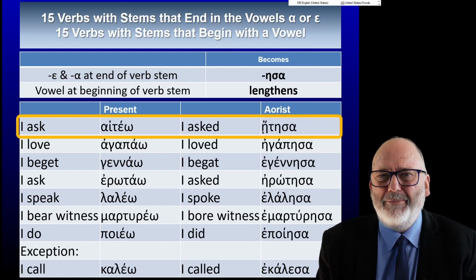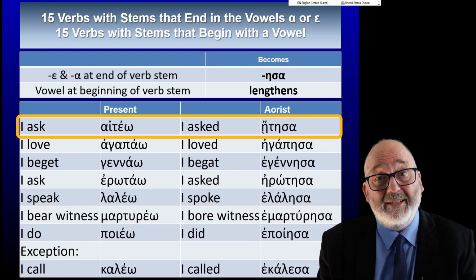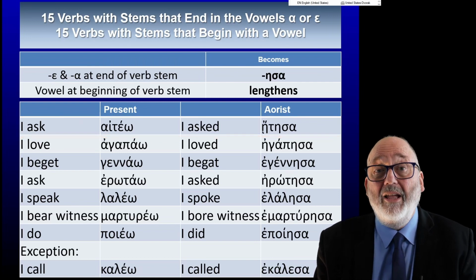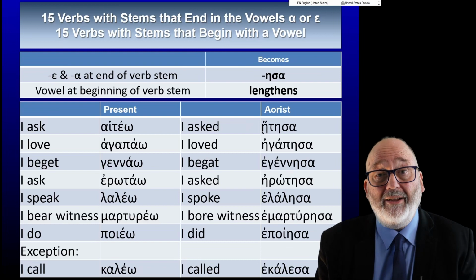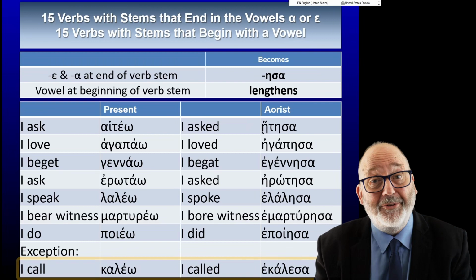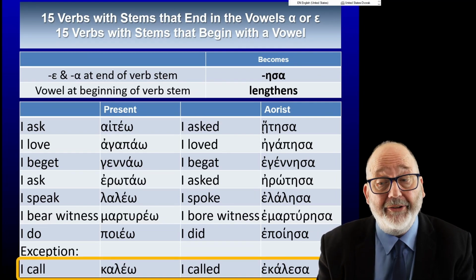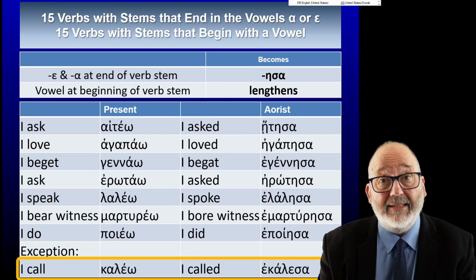Yeah, quite a bit has happened with that verb aiteo. So just pay attention to it so that when you meet it, you don't have to think too hard and long as to what it might be. Overall, though, eo and ao verbs behave very predictably. It's worth noting in passing that there is an exception to this. Kaleo has the aorist ekalesa.